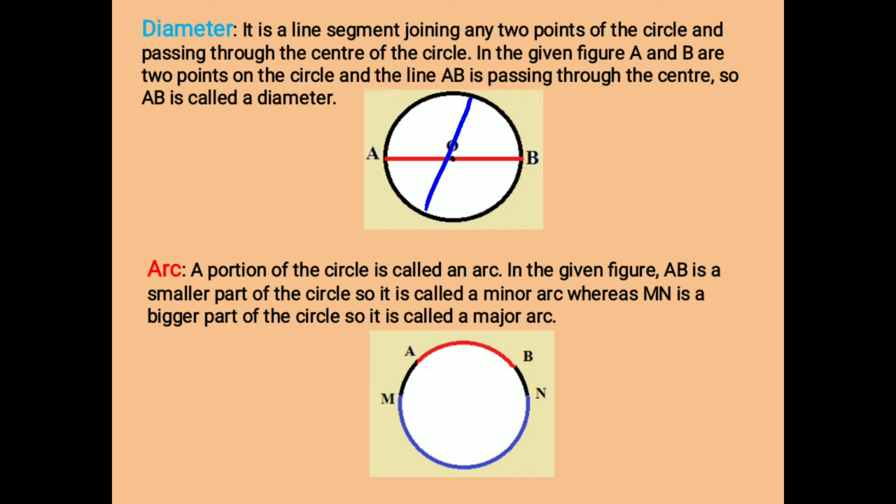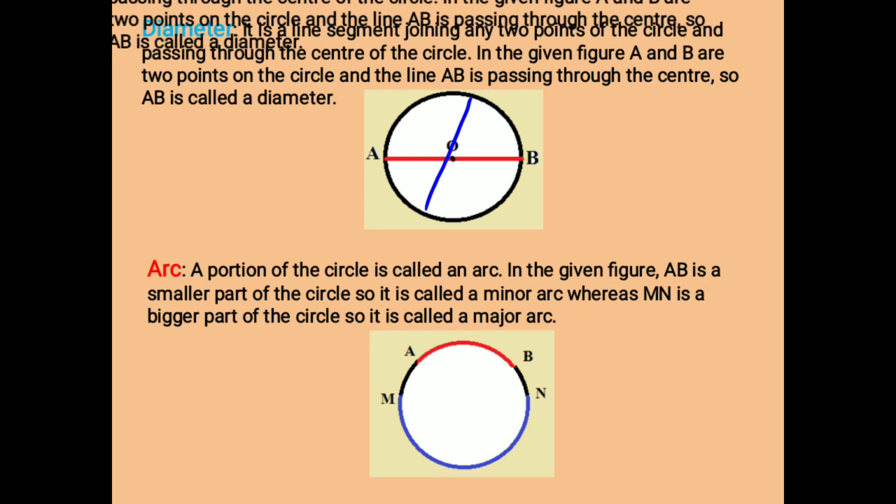So it is the minor arc, and the blue colored arc MN is the major arc, as AB is the smaller one and MN is a bigger one. So hence they are named as minor arc and major arc respectively.